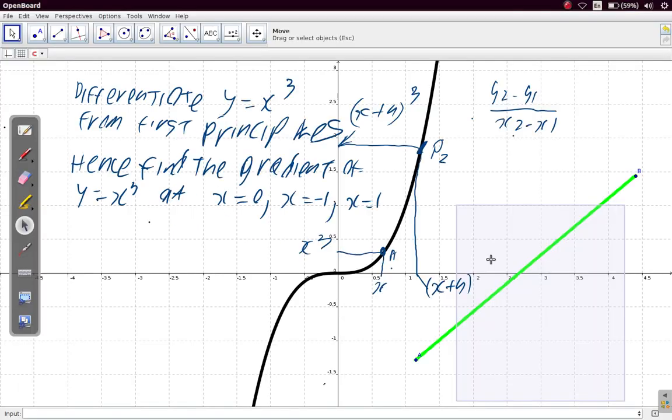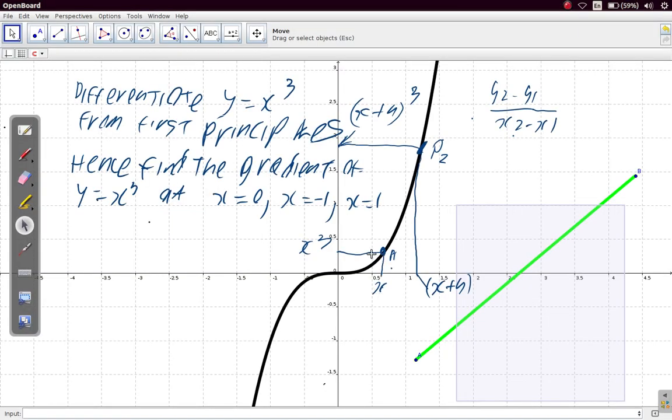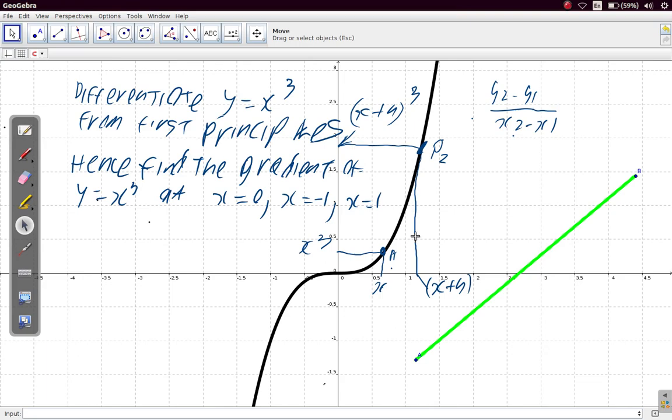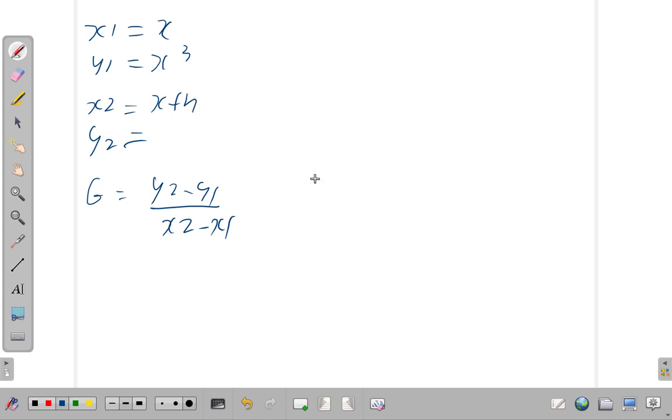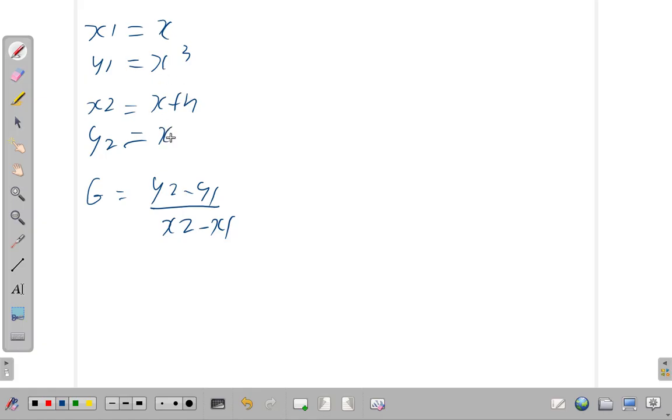Now, here, x1 is x. So, x1 is just x. What is y1? When you have x1 as x, y1 is x cubed. What is x2? x2 is x plus h. And then y2 is x plus h cubed.